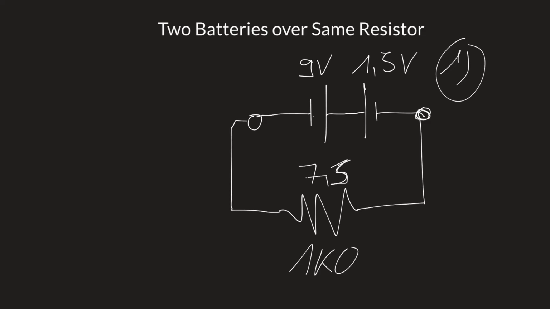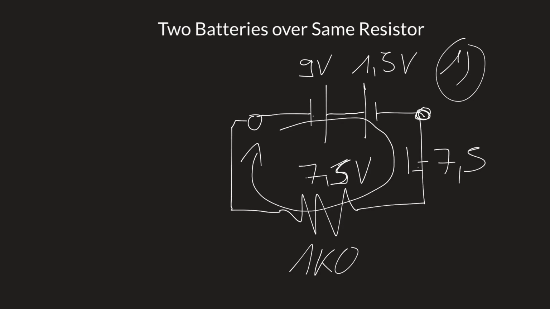Which would mean, because in a resistor there's no voltage drop without current, and no current without voltage drop, that if we drop the 7.5 volts over the resistor, we have a current flowing of 7.5 milliampere, since 7.5 volts over a 1K resistor is 7.5 milliampere.